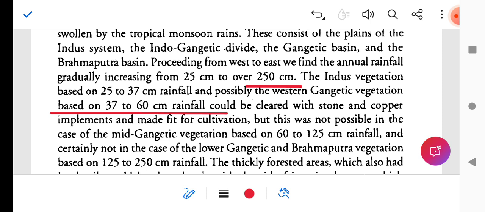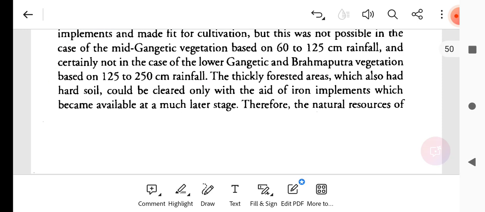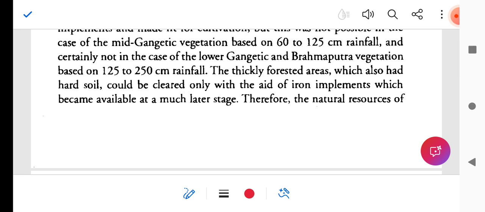But this was not possible in the case of the mid-Gangetic vegetation based on 60 to 125 centimeter rainfall, and certainly not in the case of the lower Gangetic and Brahmaputra vegetation based on 125 to 250 centimeter rainfall. The thickly forested areas, which also had hard soil, could be cleared only with the aid of iron implements, which became available at a much later stage.